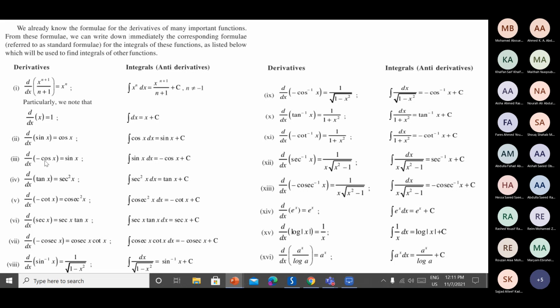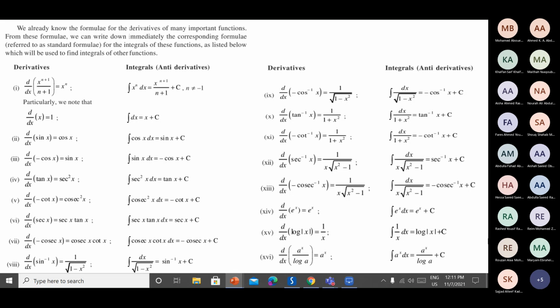I know the derivative of minus cosine is sine, so when I'm integrating sine x, it will be minus cosine. And you can follow this one. And we know the derivative of sine inverse x is 1 over the square root of 1 minus x squared. Okay, and you can carry on for all of this.